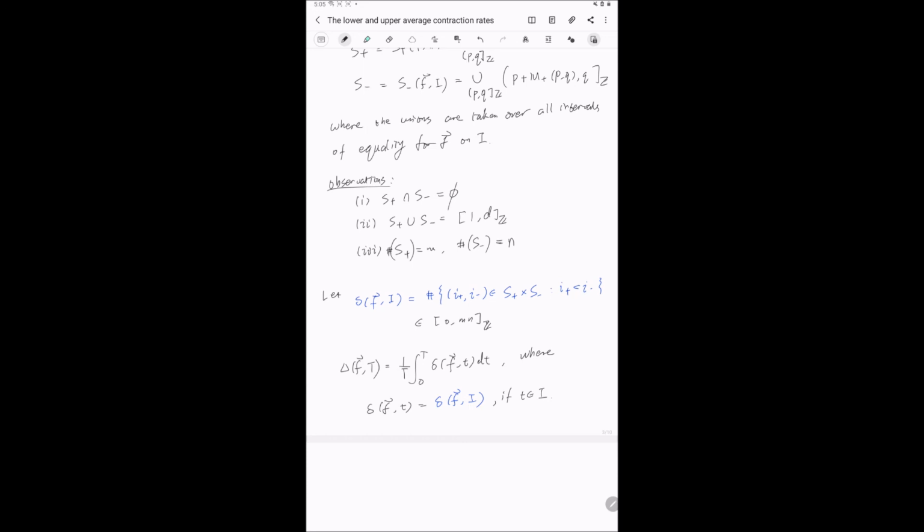And the lower and upper contraction rates will just be the lim inf and lim sup of this capital delta as T goes to infinity.